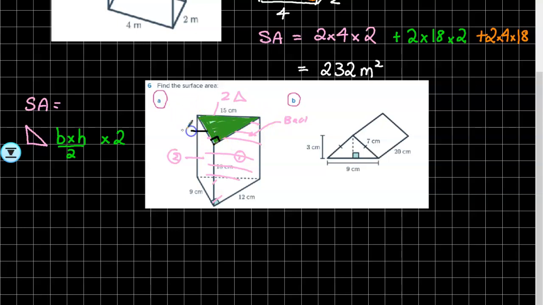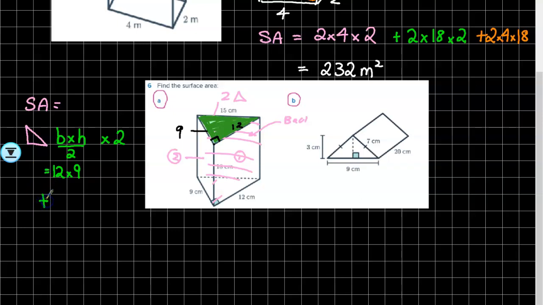Yep, so that's 9. And what's that? 12. Excellent. So when we do this now, it will be 12 times 9 divided by 2. What happens when I divide by 2 and then times 2? They cancel each other out. So you can just write 12 times 9 because there's 2 of them. If you want to go the divide by 2 and times by 2, then by all means, go forth.